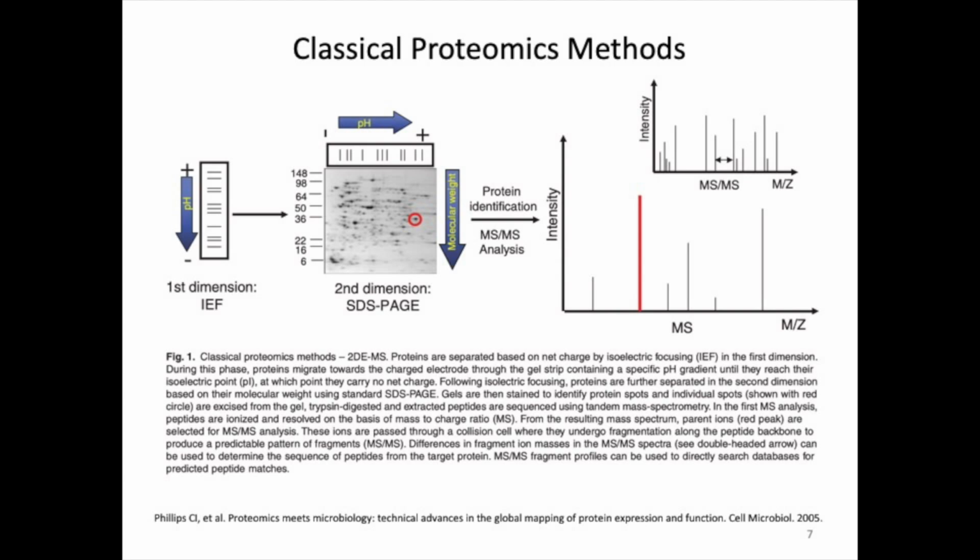Then gels are stained, and the protein spots of interest are excised from the gel. Then trypsin digested. One such spot is shown with a red circle in the figure. After trypsin digestion, peptides are extracted and sequenced using tandem mass spectrometry. We also call tandem mass spectrometry MSMS.